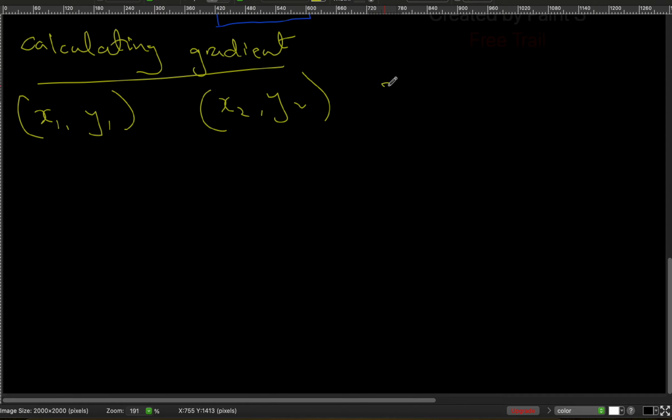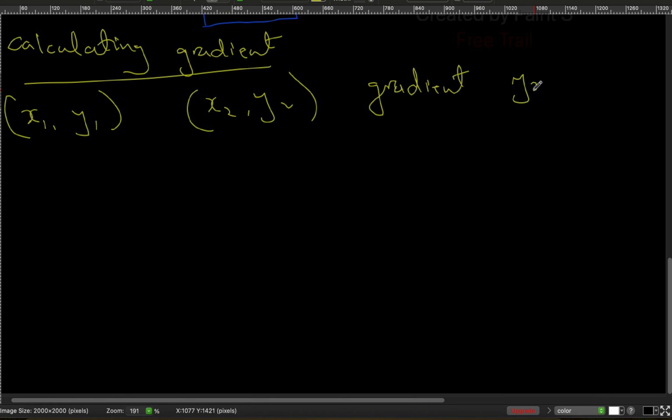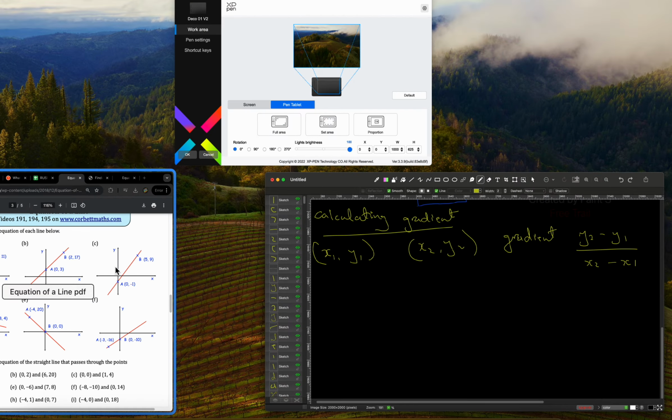I can find the gradient by saying y2 minus y1 divided by x2 minus x1. This is basically how I treat it. So giving an example, let's just take the one that we got in this question.